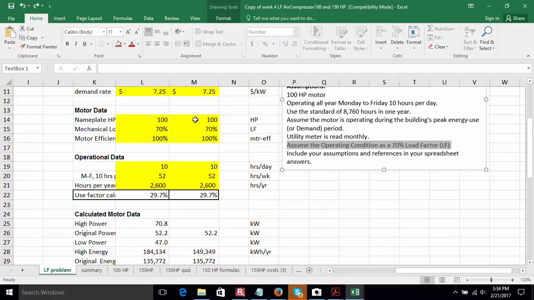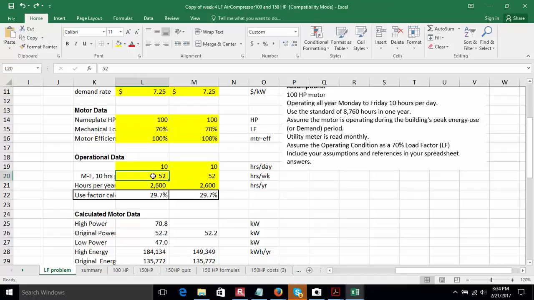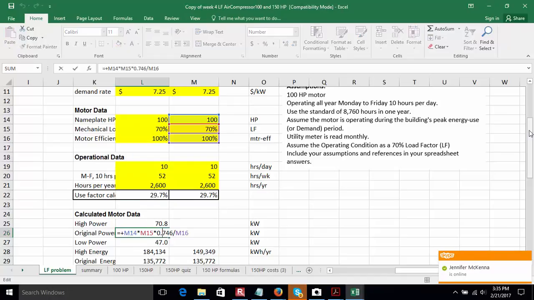So if it were operating at 100 horsepower for, what did we say, Monday through Friday, 10 hours per day, 50 hours per week, there's your 50. We've just taken it out to 52 weeks per year. And then the hours per year is just hours per day times weeks per year. So that's where this original power comes from.